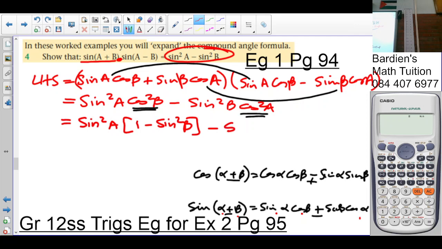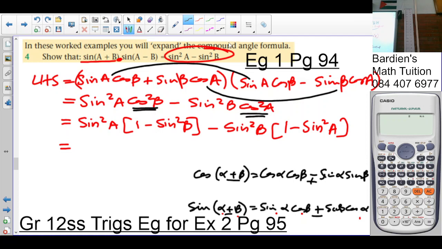minus sine squared B. Now cos squared A can be written as what? 1 minus sine squared A. Remember, the angles must be the same. Not so. We know that sine squared A plus cos squared A is 1. So cos squared A is equal to 1 minus sine squared A. So that's going to give you 1 minus sine squared A. So what do I do now?